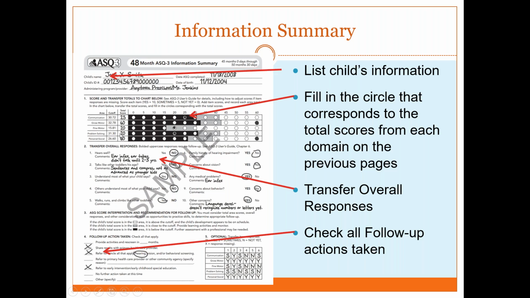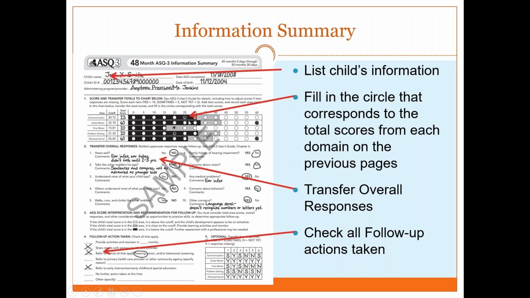So look at communication. Communication is going to have a graph like you see here that has some black, some gray, and some white. You are going to look back at the tool. We say communication score 25. You can see they wrote in the total score of 25, and they circled, dropped it in just like a scan-tron at 25. Gross motor, we saw we added all those up, and it equals 60.